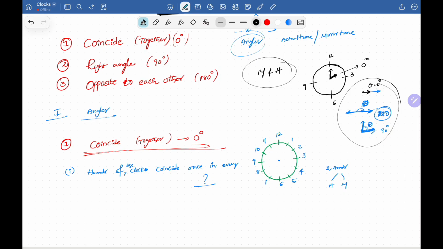They can coincide here first, next here, next here also, and so on. Will they coincide here?